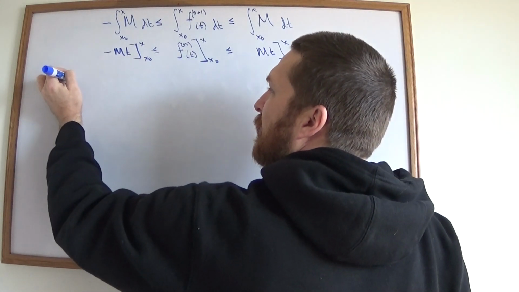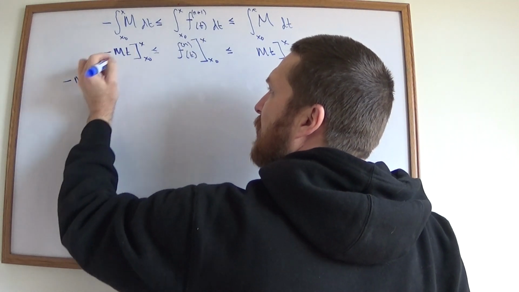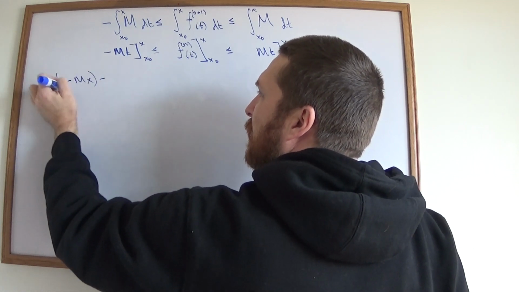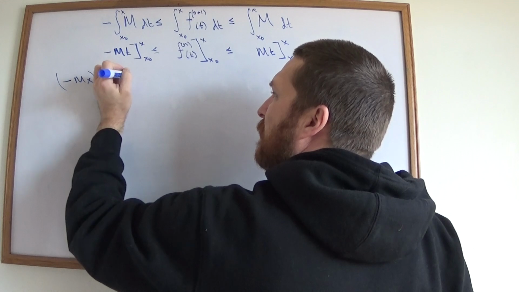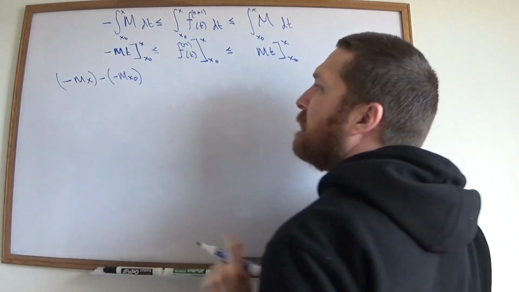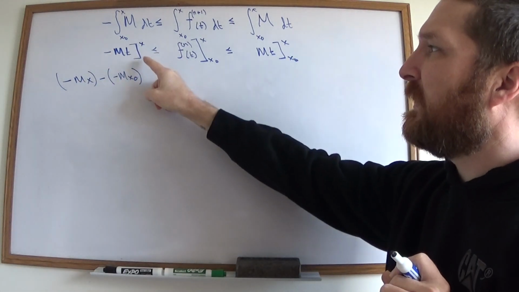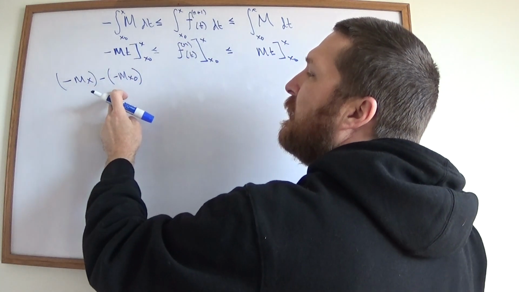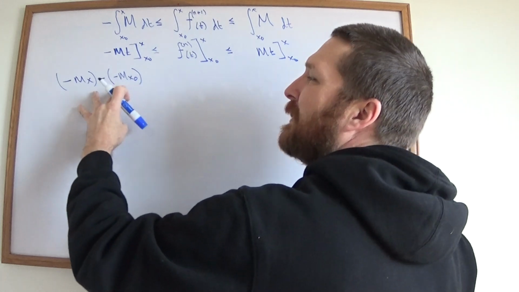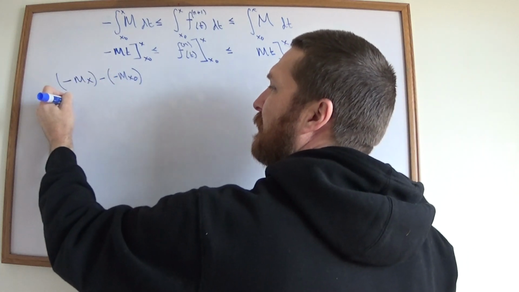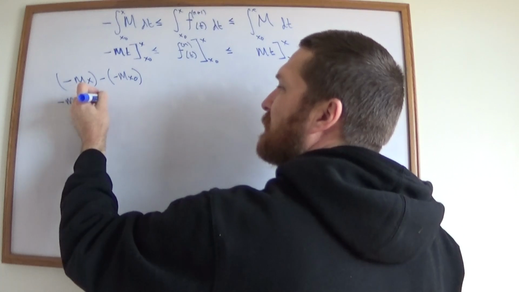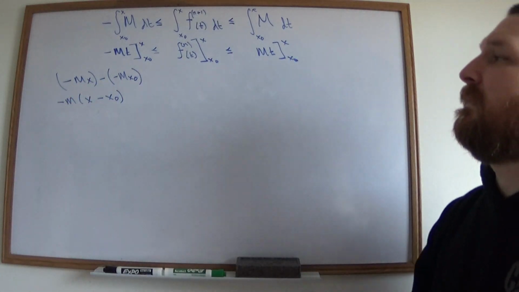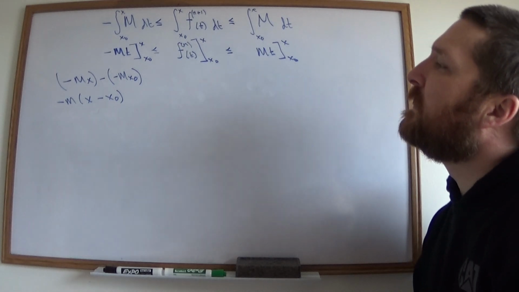We have over here negative m times x minus negative m times x0, just plugging in x for t each time and subtracting it off. Now I'm going to pull out a negative m here. That should leave me an x minus x0. If you double check that, that should work.